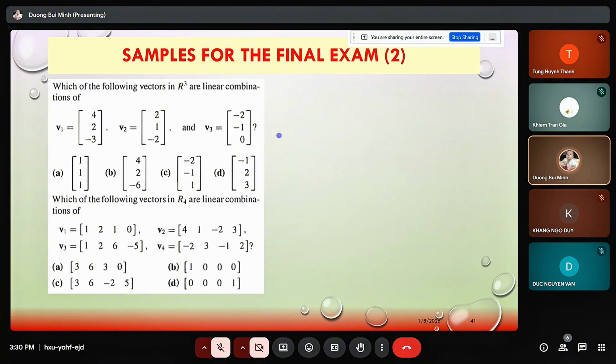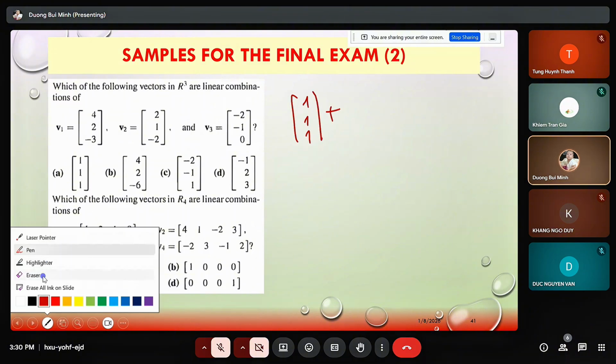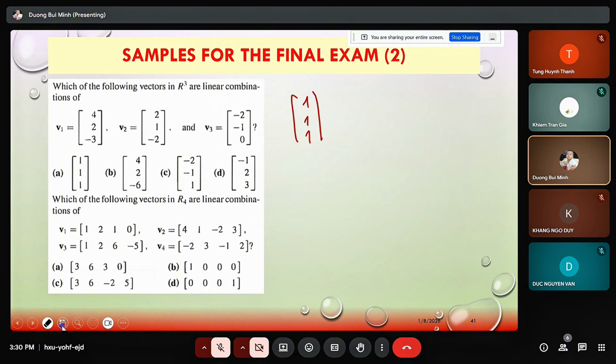We need to verify whether the vector is equal to A times vector v1 plus B times vector v2 plus C times vector v3. Okay, and then you can get the augmented matrix, right?